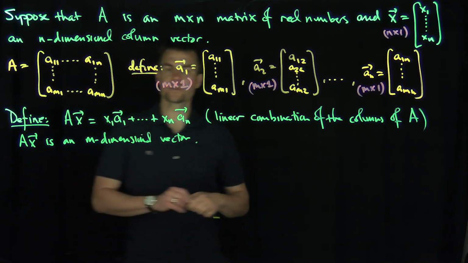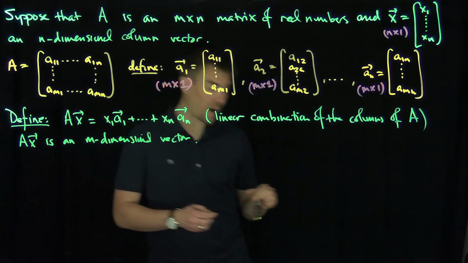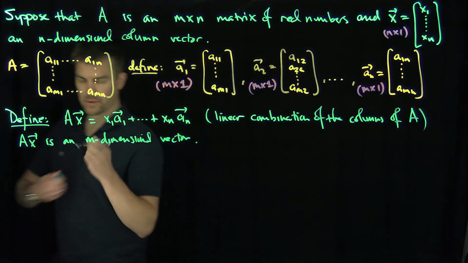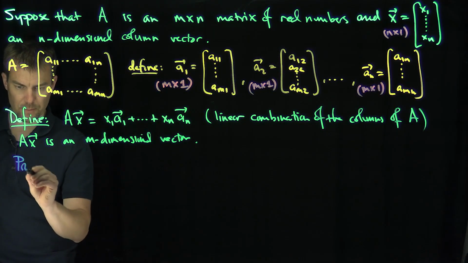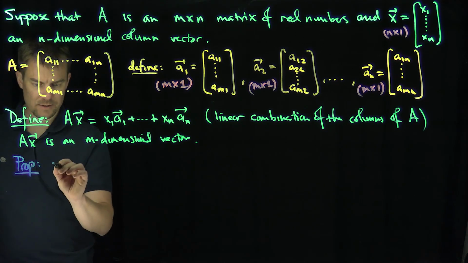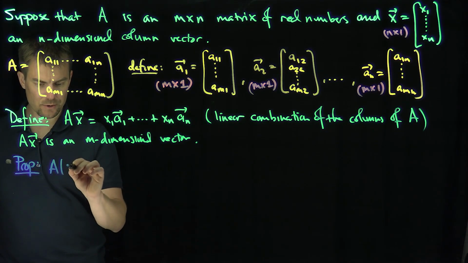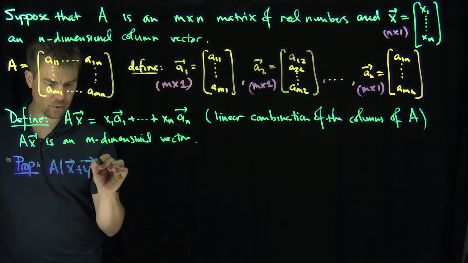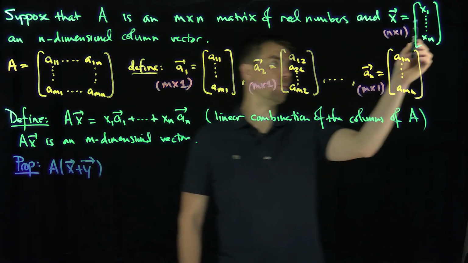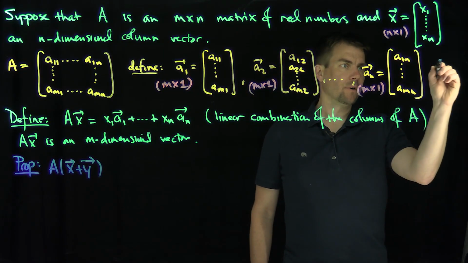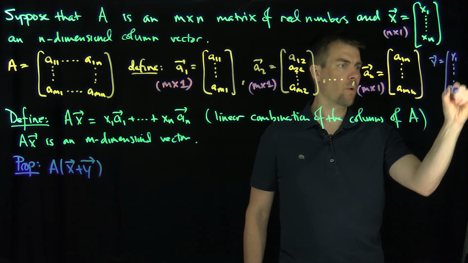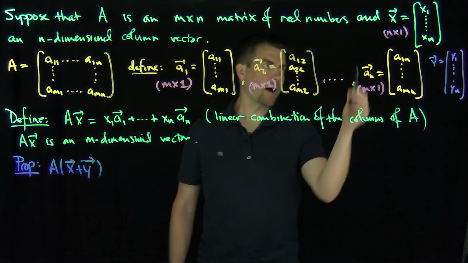Okay? And so now notice two things. We have two important properties. So here's a very simple proposition to prove. The proposition is that A applied to vector x plus vector y. Well, let's think what vector x plus vector y will be. If y was the vector y1 down through yn, then of course x plus y would be x1 plus y1.